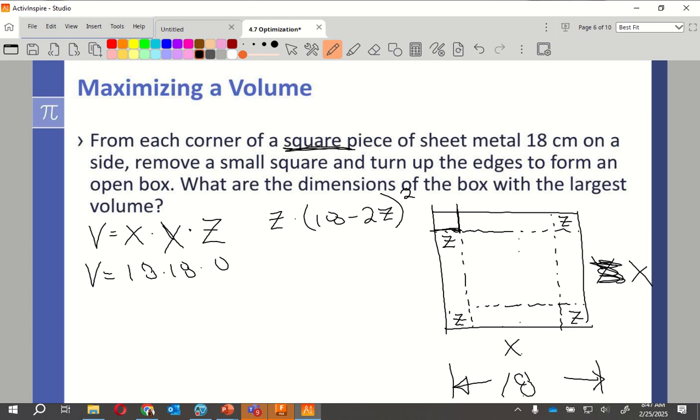Now I have made this all in terms of z, so I have my volume: z times (18 minus 2z) squared.